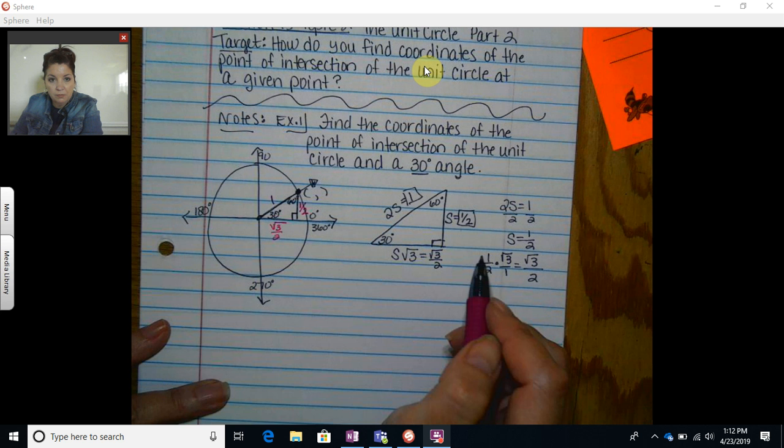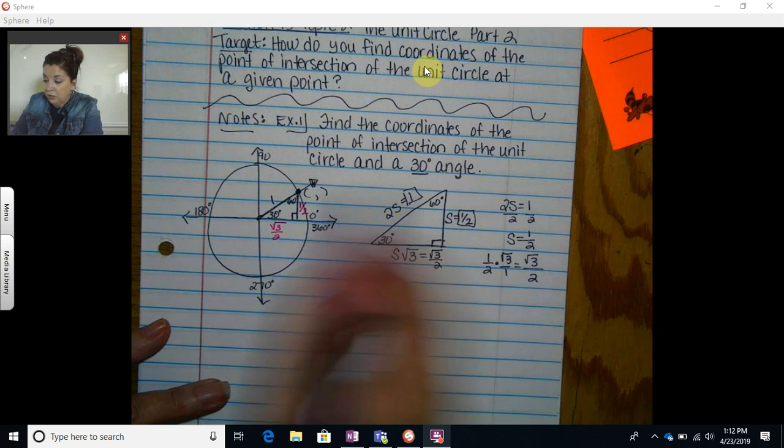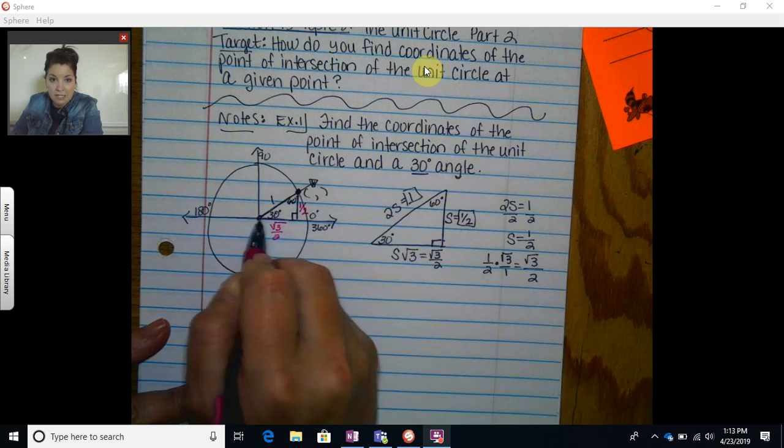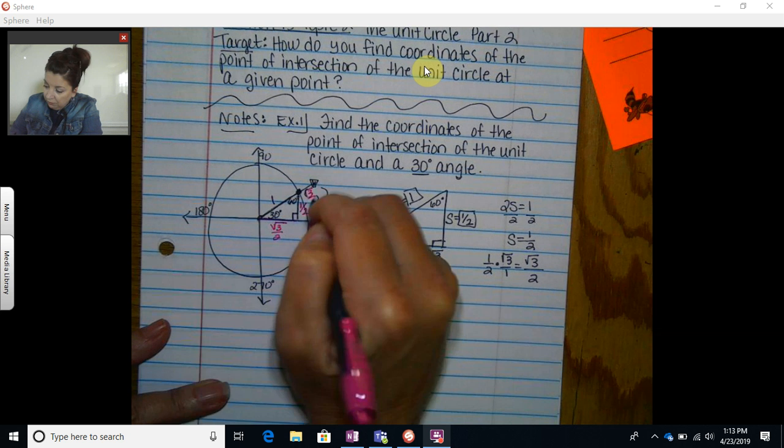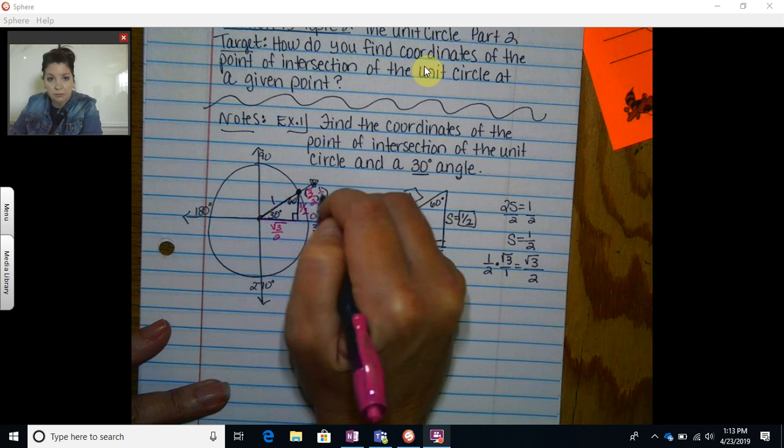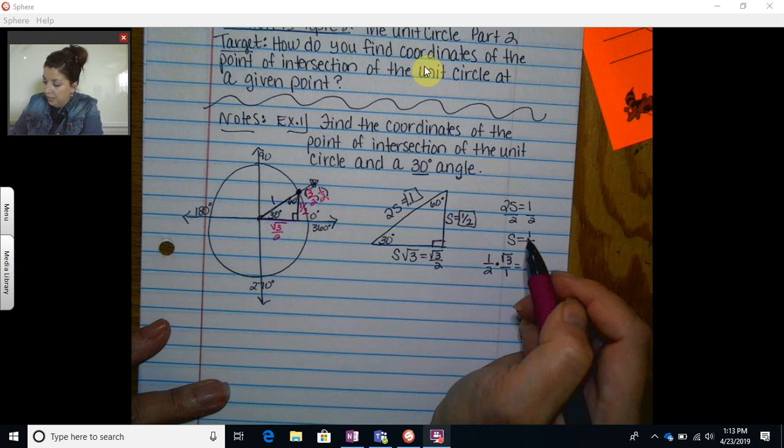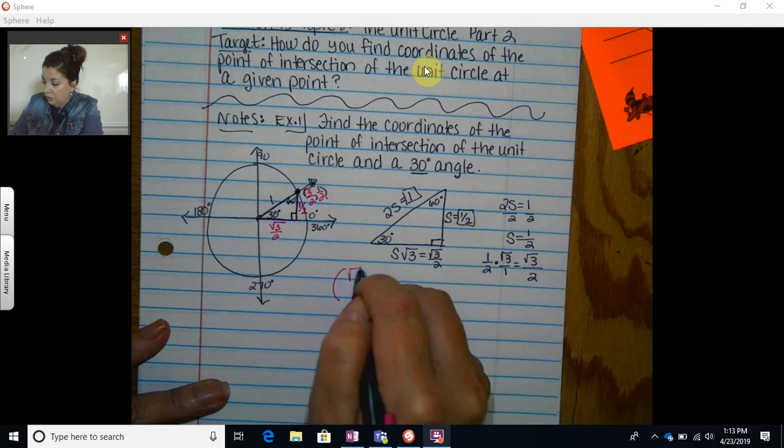So we just wrote in the previous lesson in topic 2 that your base is your x value. That's always going to be what's on the x-axis. So your x value is the square root of 3 over 2. And your y is going to be your height, the 1/2. So that ordered pair, I'll write it bigger, is the square root of 3 over 2, comma, 1/2.